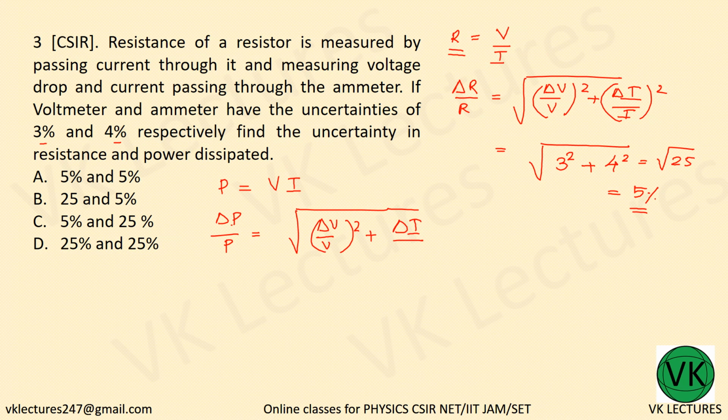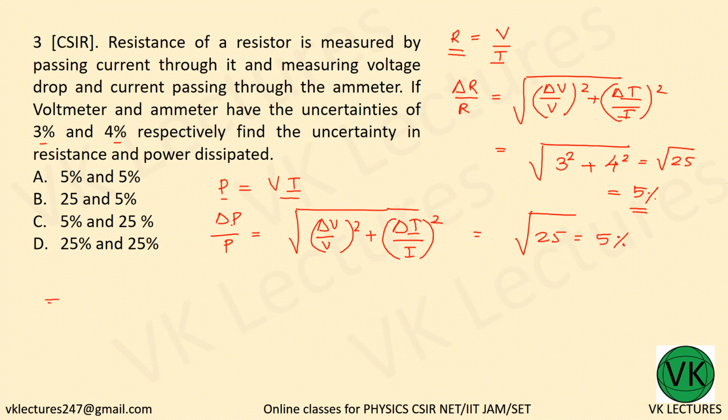Please make a note that even though the formula changes, P is equal to VI and R is equal to V by I, the uncertainty formula doesn't change. That is equal to root of 25, again 5%.